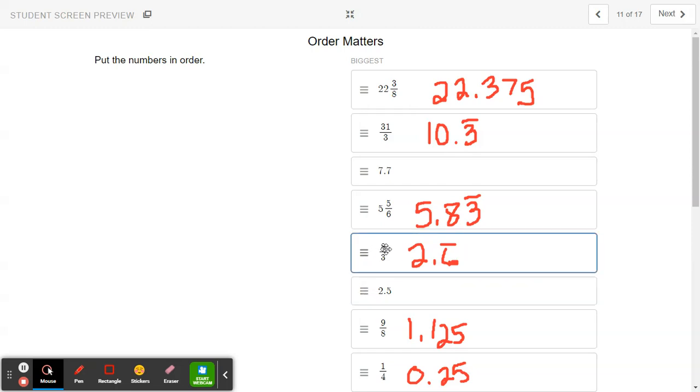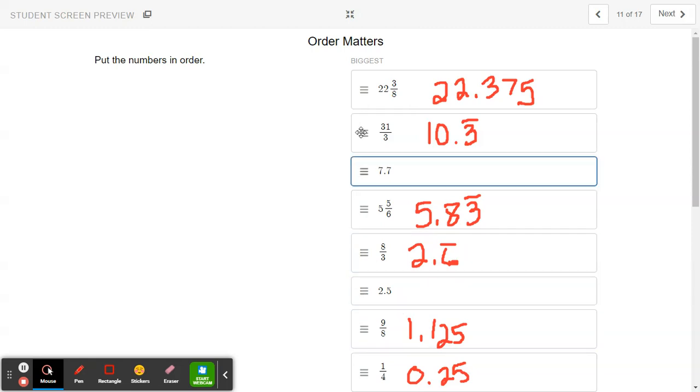I knew that 8 thirds was more than two, but less than three, because 9 thirds would be three. So that told me, okay, let's convert this because I'm going to have to compare it with 2.5. Once I converted this to 2.6 repeating, I was then able to tell, oh, okay, that's more than 2.5. So that's got to be above 2.5 or 2 and 5 tenths.